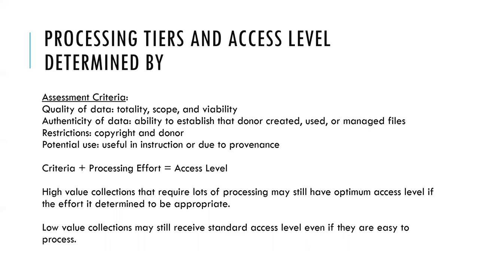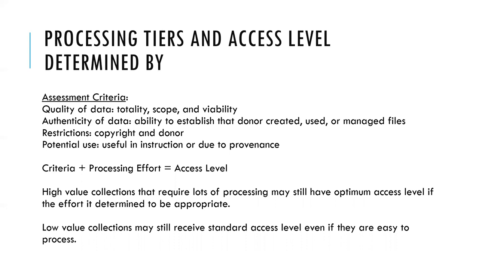So again, they looked at the quality of data, looking at totality, scope, and viability, the authenticity of the data, so making sure that the donor created, used, and managed the files that are in their collection, looking at some restrictions, so either by copyright or placed on by the donor, and again, looking at the potential use. And taking these criteria, looking at the overall amount of effort it would take to process the records, and using that as a determination for the level of access and description.